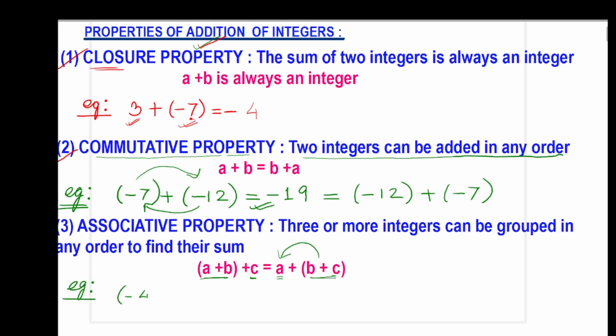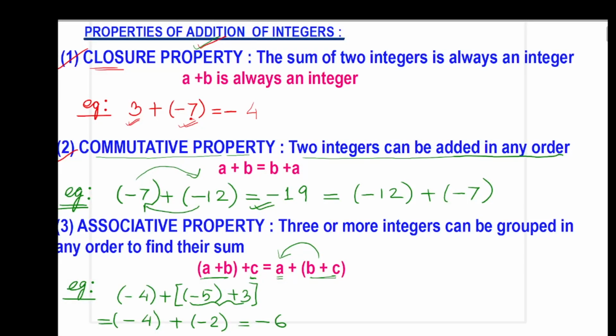minus 4 plus, so first we will add minus 5 plus 3. Okay, then what will we get? Minus 4 plus minus 5 plus 3, it will be minus 2. Our answer is minus 6.